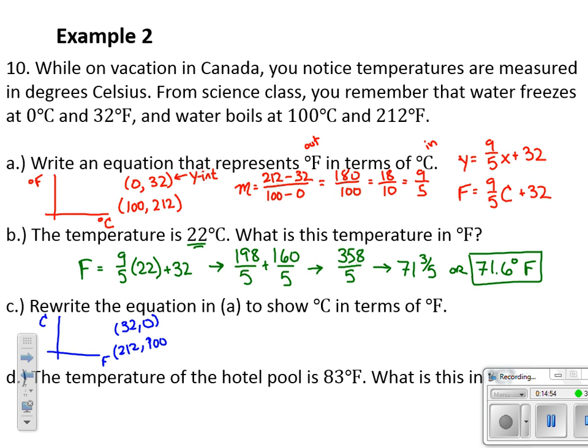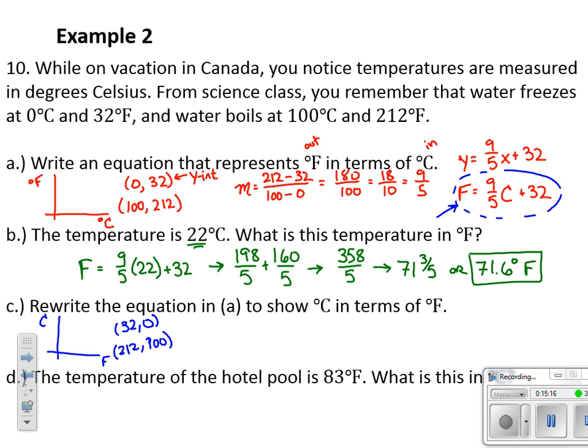And we could go through the same process that we did before. Or what we can do is, we have this nice equation. Why don't I just reconstruct what we got in letter A so that we have C equals something F? I think that might be a little bit faster.